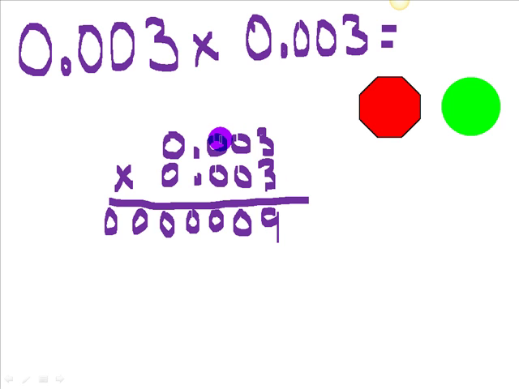So now I can count and I can place my decimal. 1, 2, 3, 4, 5, 6. 1, 2, 3, 4, 5, 6. So multiplying 3 thousandths times 3 thousandths gives me 9, let's see, that's thousandths, ten thousandths, hundred thousandths, millionths, 9 millionths, or 0.000009. That's the correct answer.